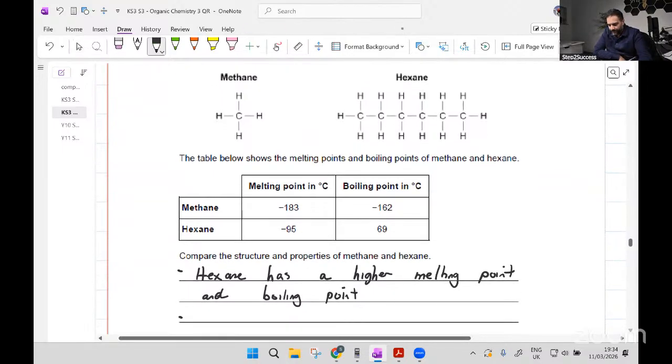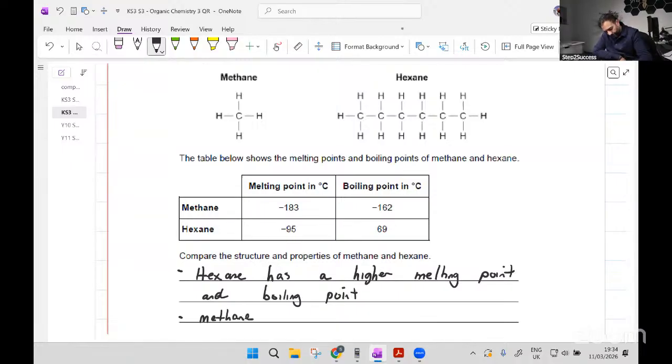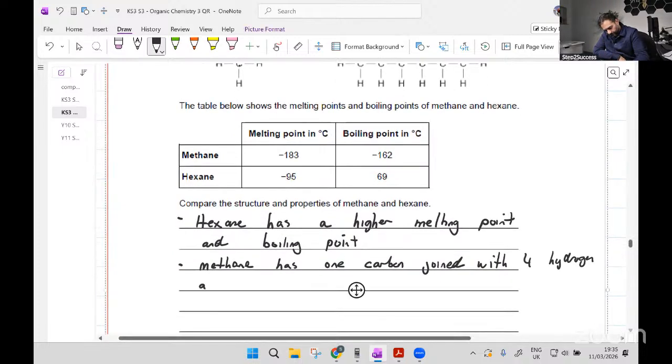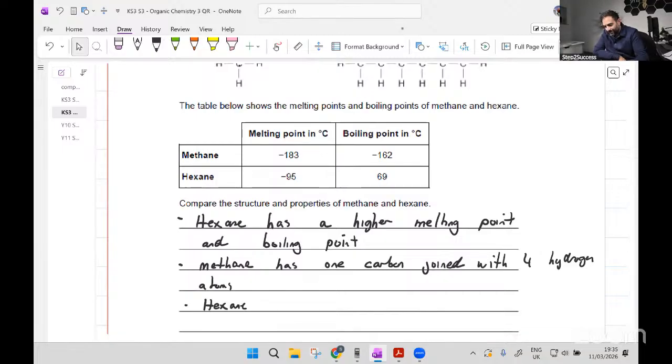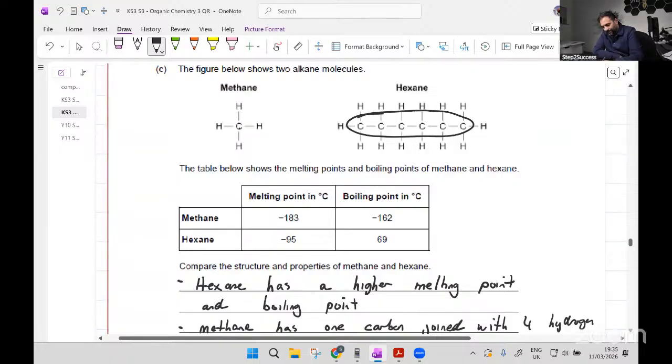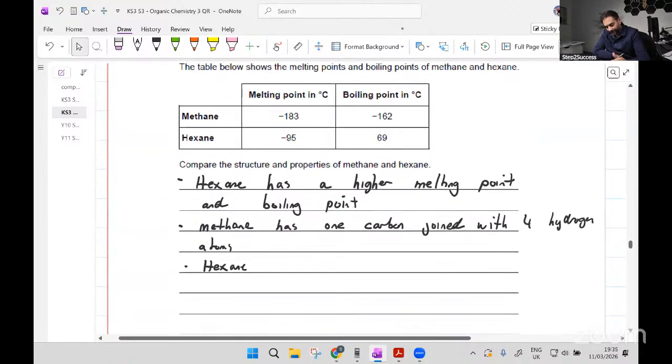Then you can also get some really easy marks for saying that methane has got one carbon atom joined with four hydrogen atoms. However, hexane, what does this have? Hexane has got six carbon atoms joined with, if you count them all, 14 hydrogen atoms.